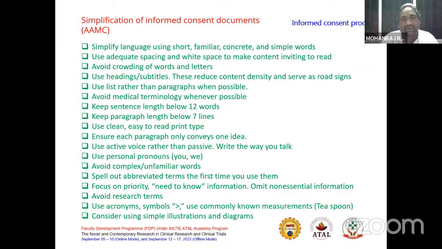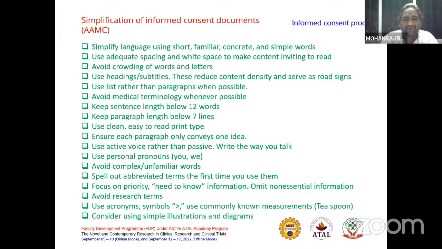Number two, make the document less congested. Leave free space for them to write some suggestions. Use headings and subheadings to reduce the density of information. Nowhere write information in paragraphs. Give a list, write in bullets.